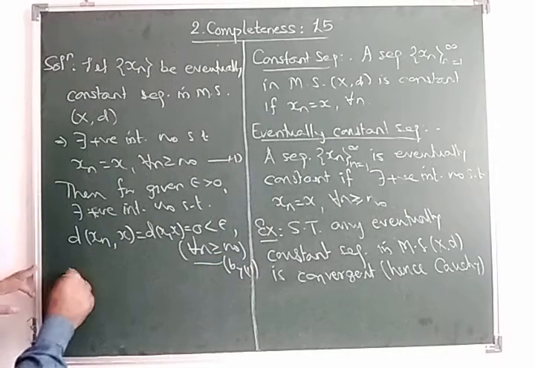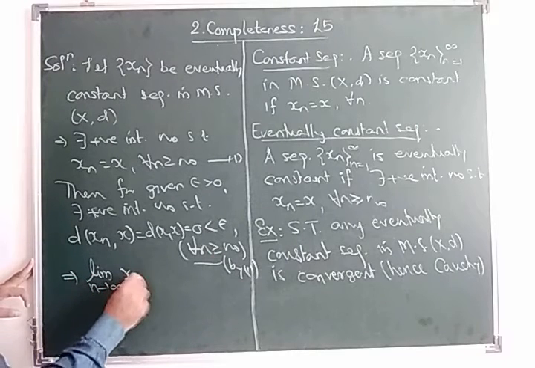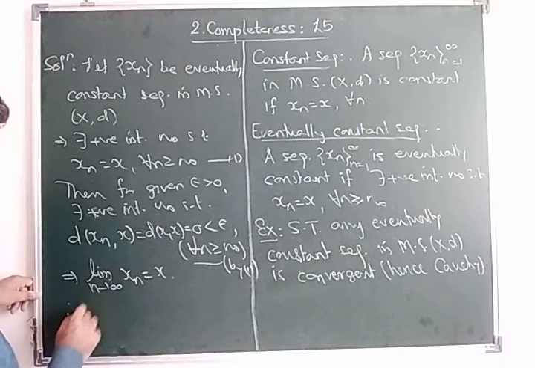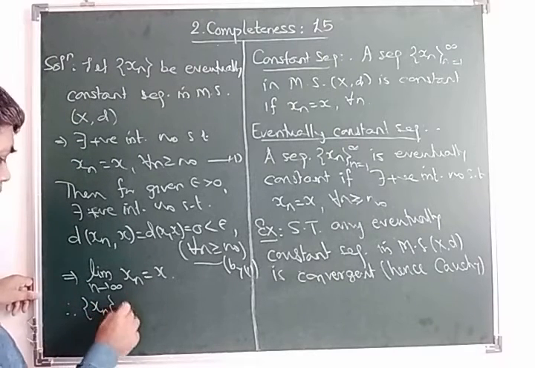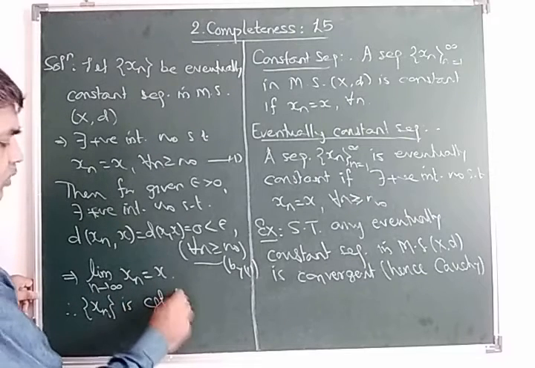This implies limit n tends to infinity of xn is equal to x, and therefore xn is convergent and converges to x.